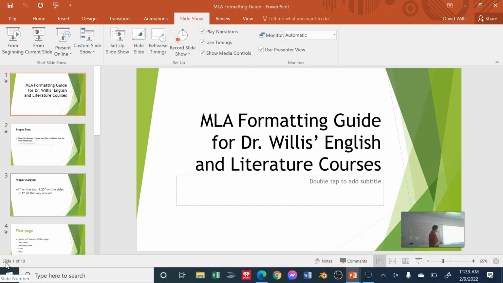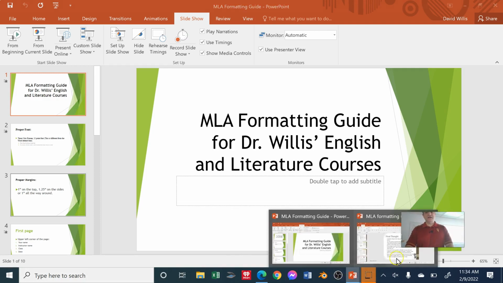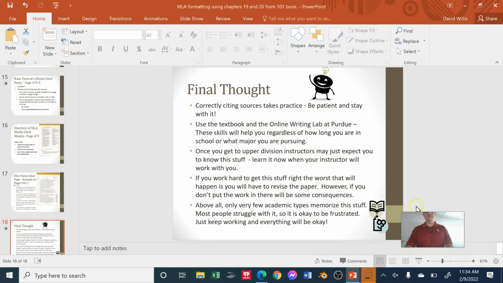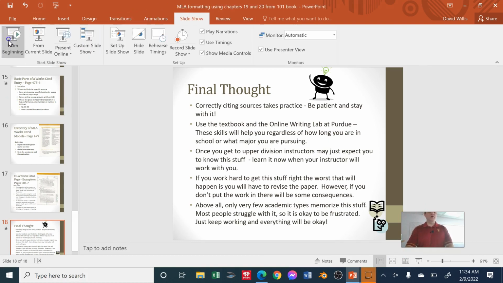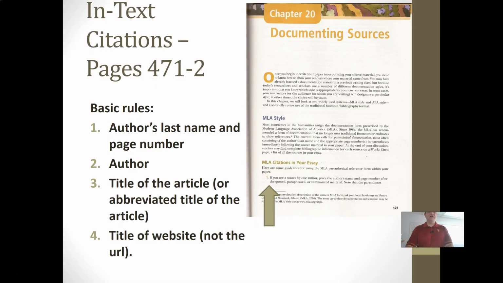All right, so we're going to shift gears and go to how do we put together a works cited page. Now, this takes practice. I don't think I've ever written a paper without a handbook with me. Nobody memorizes this stuff, but I'm trying to give you the resources since we don't require an extra book to buy.